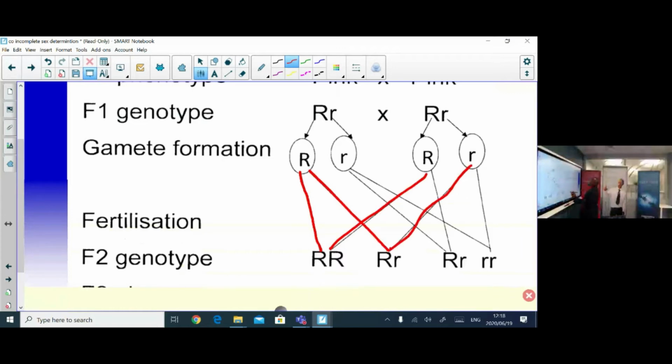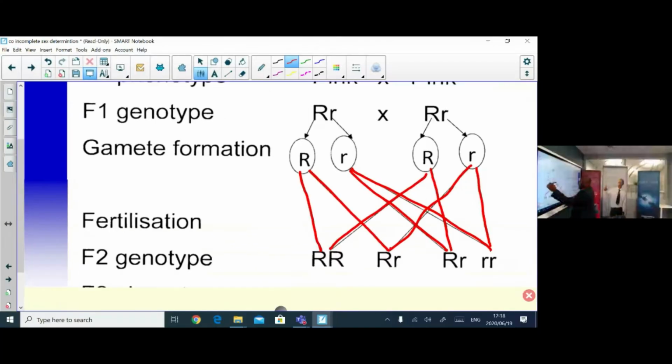We get R and R, a homozygous condition, a heterozygous, another heterozygous condition, because we've got R, a big one, and then we have got a homozygous condition of rr.